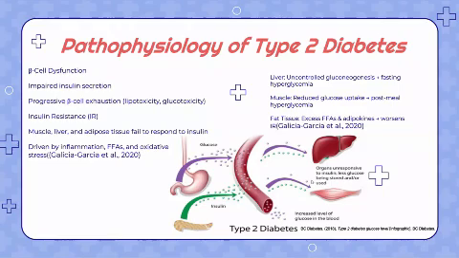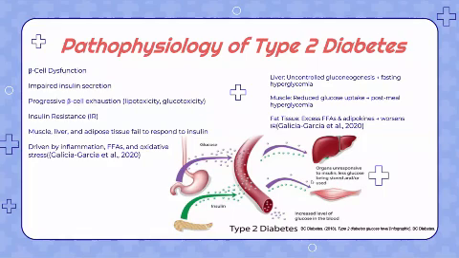In response to high blood sugar, the beta cells in the pancreas initially increase insulin production to overcome the resistance. However, over time, constant high blood sugar damages these cells and weakens them.